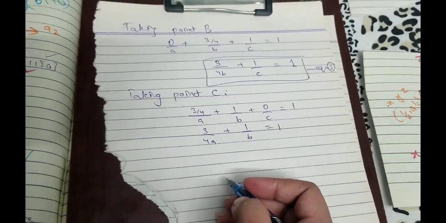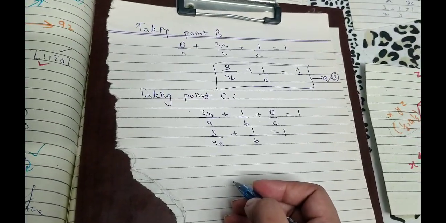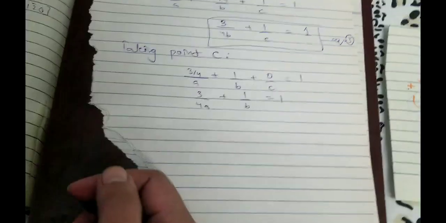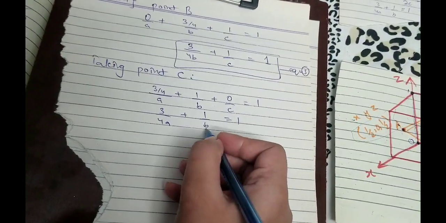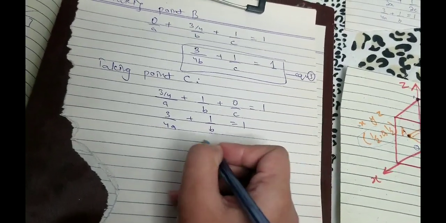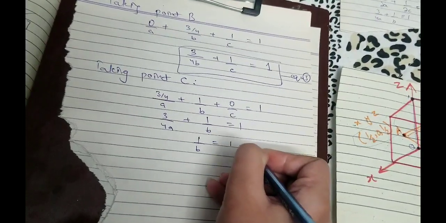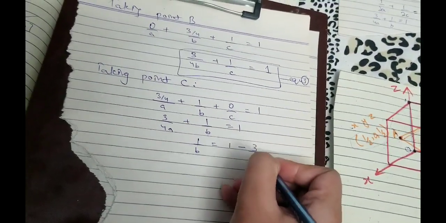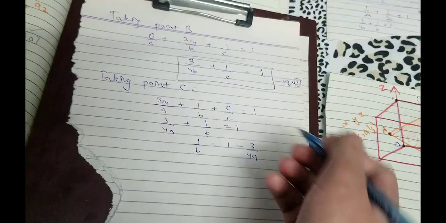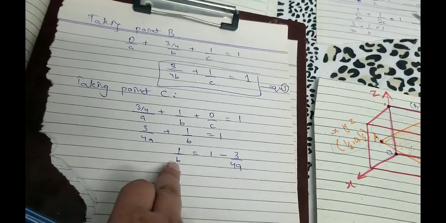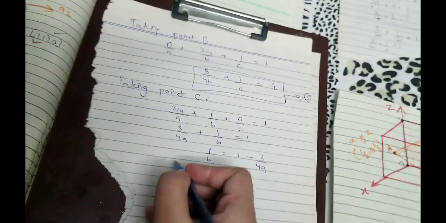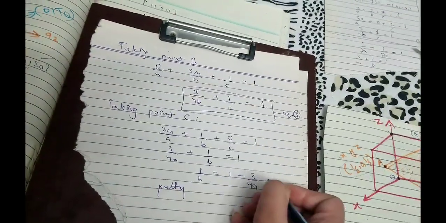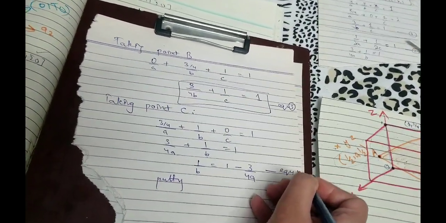Let us separate the value of 1 over b here. So 1 over b will be equal to 1 minus 3 by 4a. Let us call this equation number 4.